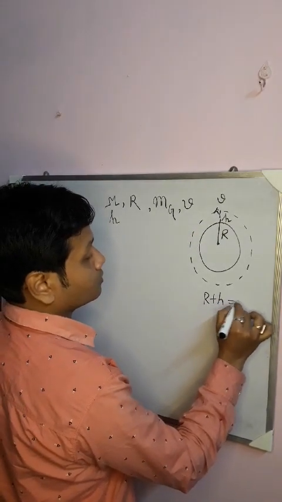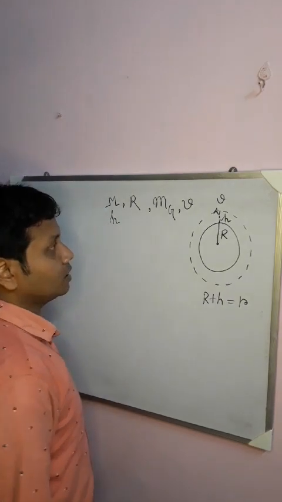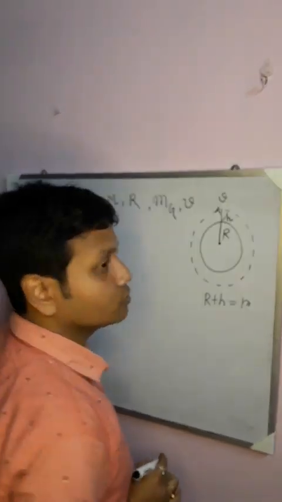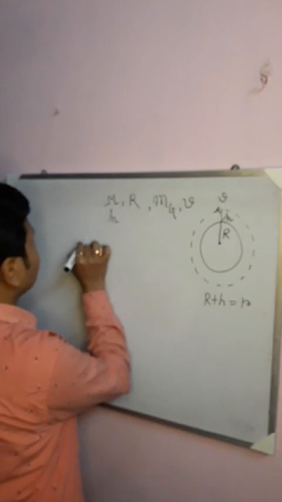So what would be the force of attraction between the Earth and the geostationary satellite?